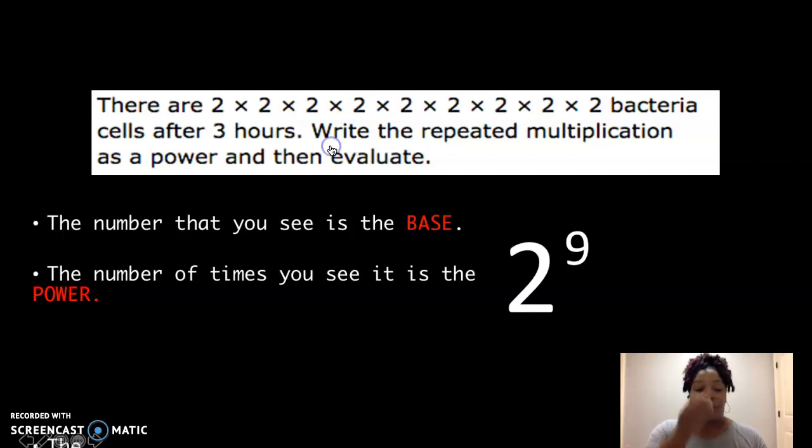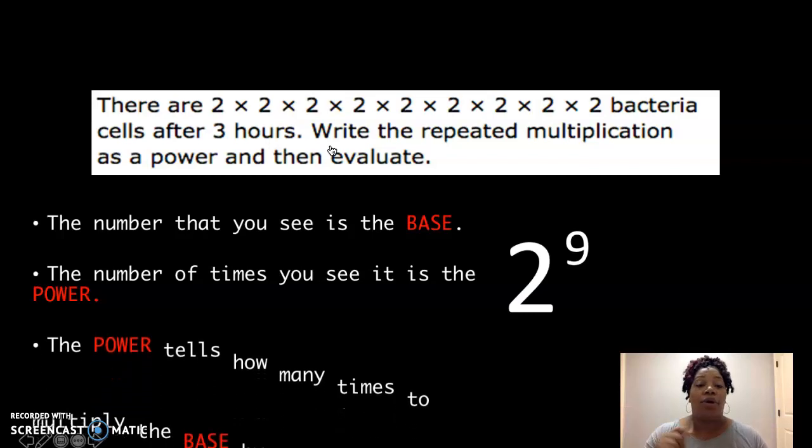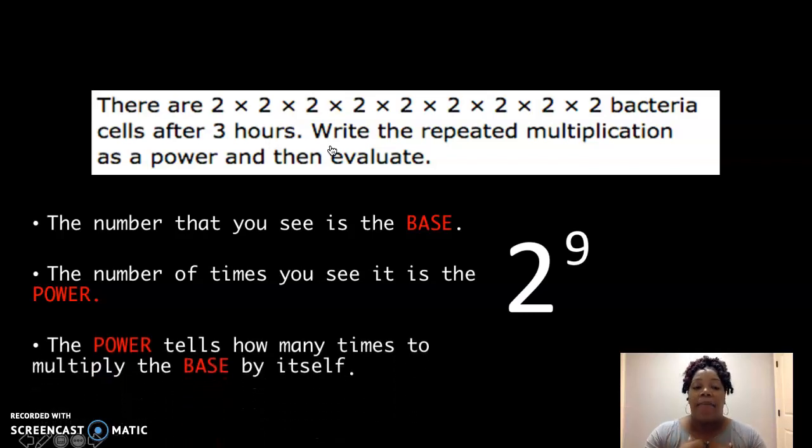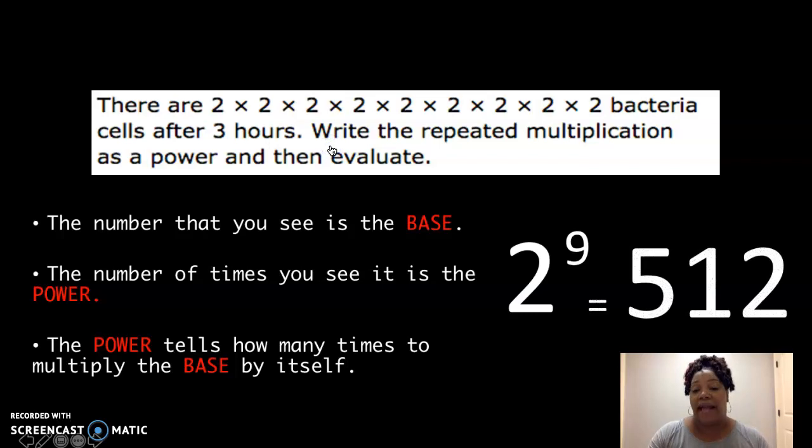Next nugget. The power, which is 9, tells how many times to multiply the base, which is 2, by itself. So I'm not going to say 2 times 9. I'm going to say 2 times 2, 9 times. And when I finish that, I should come up with an answer of 512.